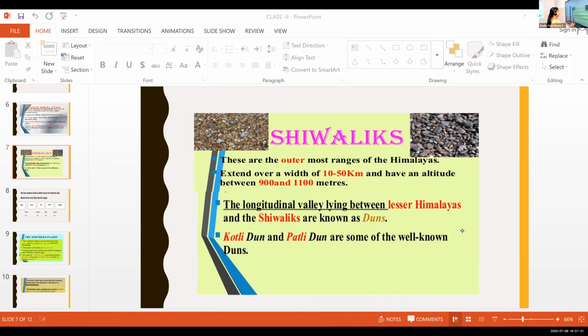The well-known duns are Kotli Dun, Patli Dun and Dehradun.